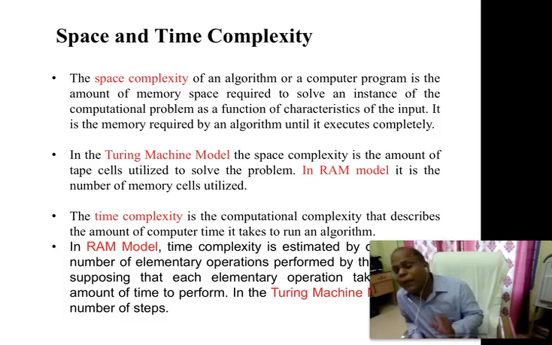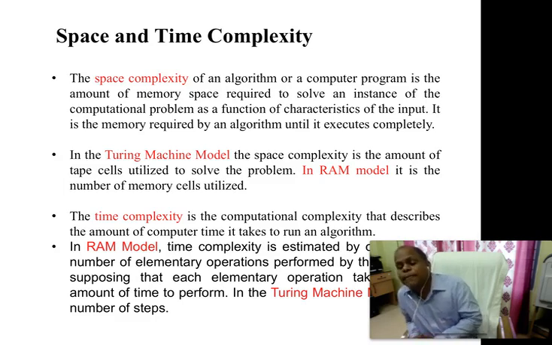Hence, in the RAM model, it is the number of primitive operations required for measuring time complexity, but in the Turing machine model, it is the number of jumps from one state to another state that your algorithm makes.